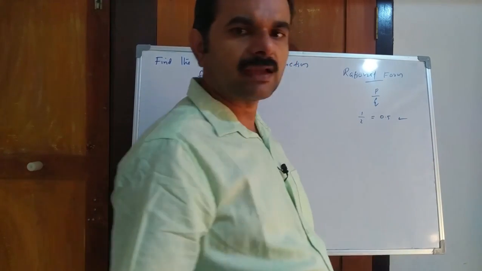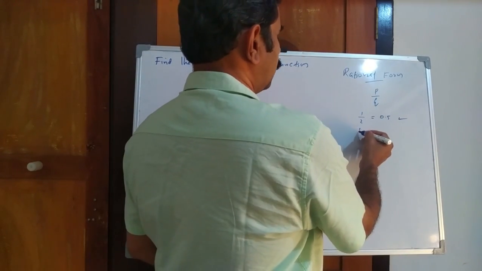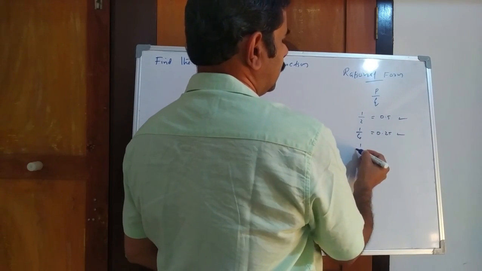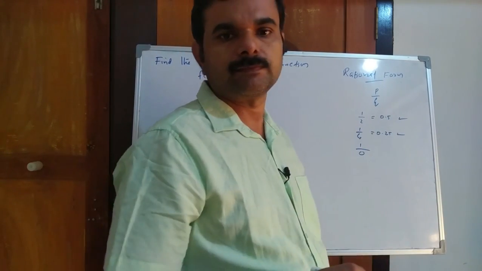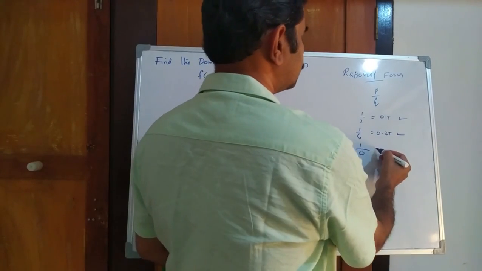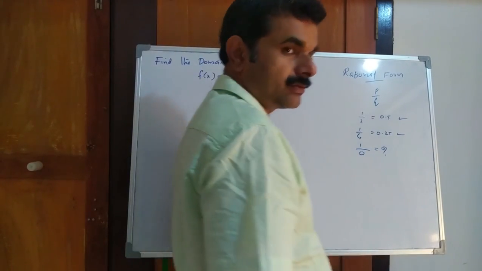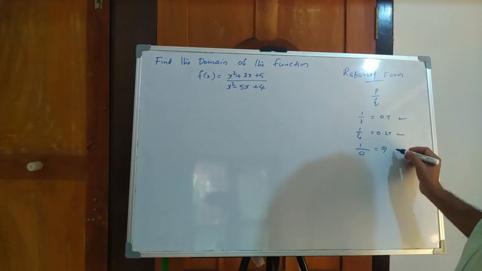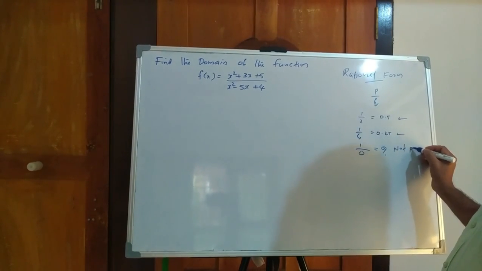Okay, clear. 1 by 4, this is 0.25. Okay. What about 1 by 0? Do you know 1 by 0? Division by 0 is not possible.